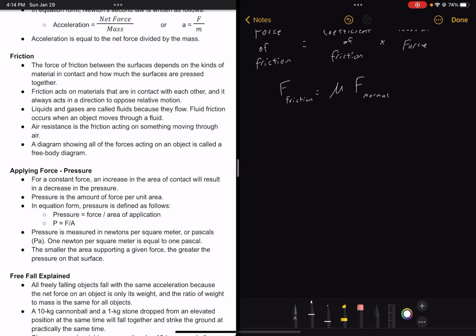So let's say we had an object that has a mass of 10 kilograms, and it's resting on the floor. We need to figure out what the friction force is acting on this object. So let's say this object is sliding on the ground and slowing down due to friction.